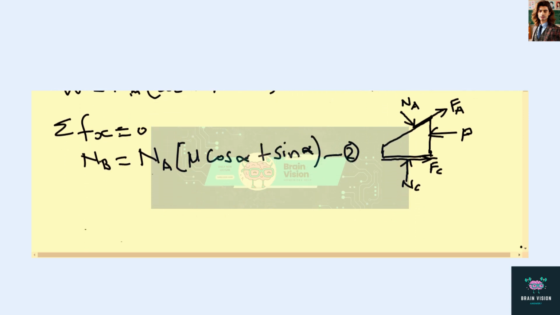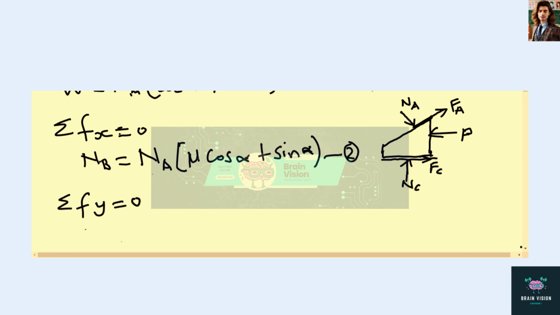Now we can also consider the bottom diagram and take a summation of forces in the vertical direction.